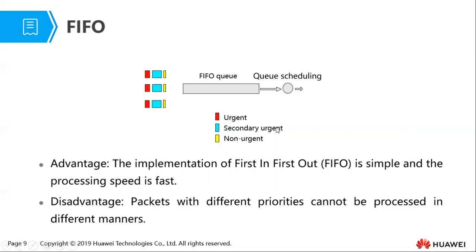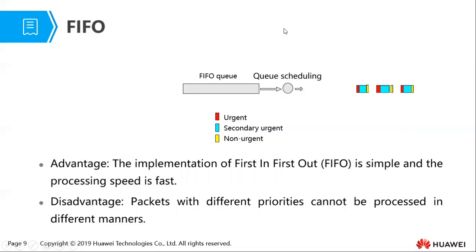This one is secondary urgent, and then the yellow is non-urgent. But it services packets in a first in, first out manner. So you see the yellow there, and then that one. It puts them on the queue, then forwards them out in a similar manner.